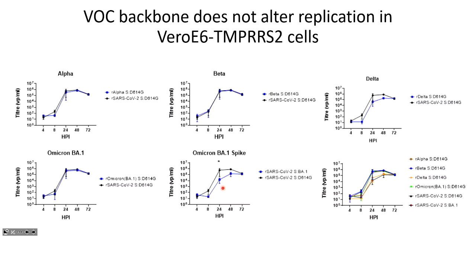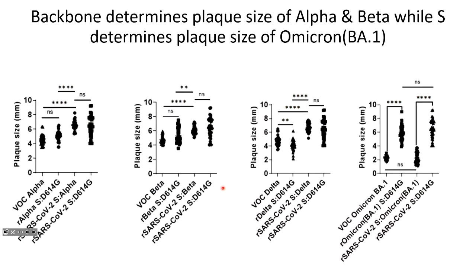So we started doing some quite old-school virology and looked at the plaque morphology of these viruses. That's where we started seeing some initial differences. For alpha and beta, on the left-hand side, it was quite interesting. Depending on the backbone or the spike, the recombinants behaved either the same as the variant of concern isolate or the lineage B wild-type comparator virus. For alpha and beta, it appeared as if their plaque phenotype was determined by the viral backbone rather than the spike protein.